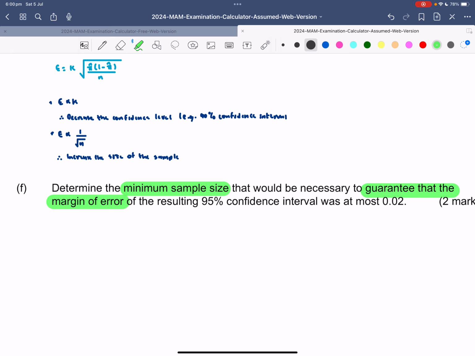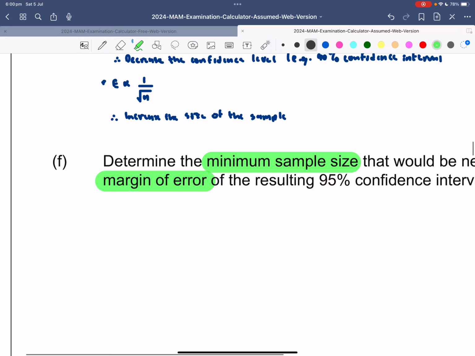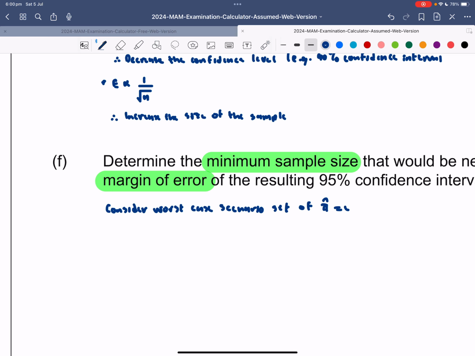So all those things imply worst case scenario. So we have to, like the marking key even says, consider a worst case scenario of a population proportion equal to 0.5.